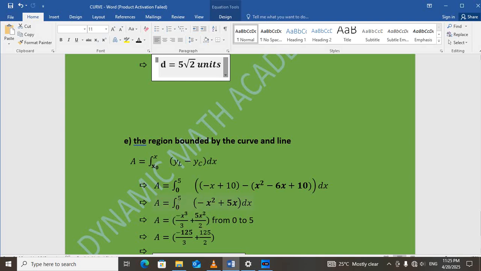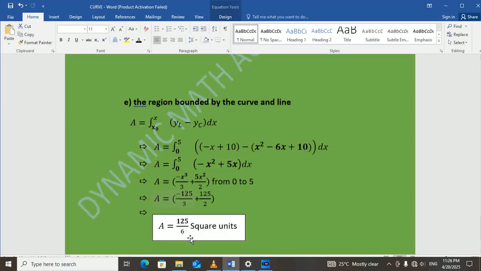The boundaries are from 0 to 5. The lower boundary will definitely be 0, so we are concerned only with the upper boundary. When you substitute 5, you have negative 125 divided by 3 plus 5 squared is 25, 25 times 5, 125 divided by 2. And if you do this, you're going to have your area to be equal to 125 on 6 square units.